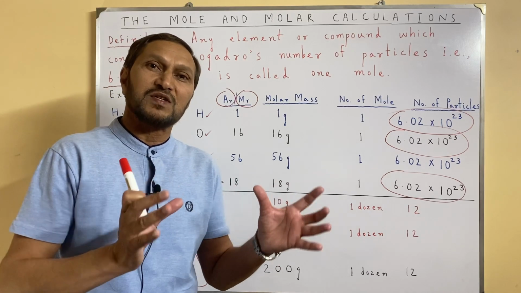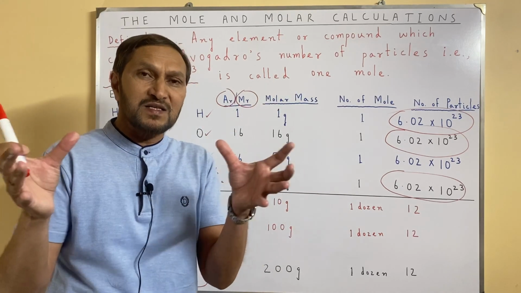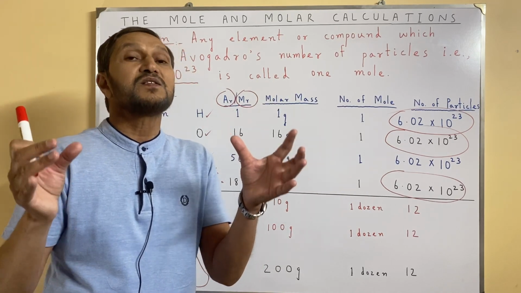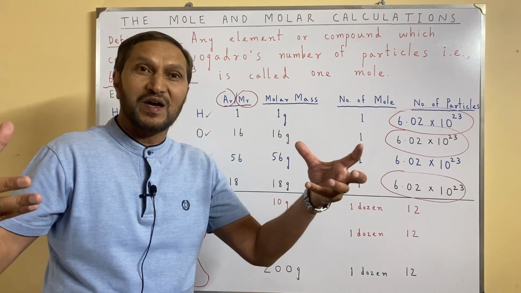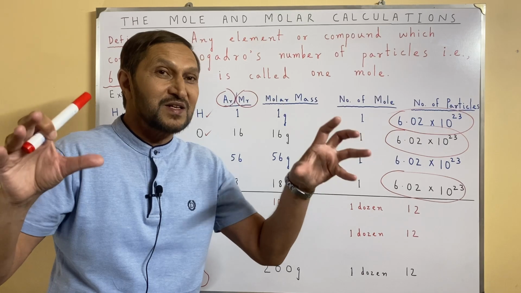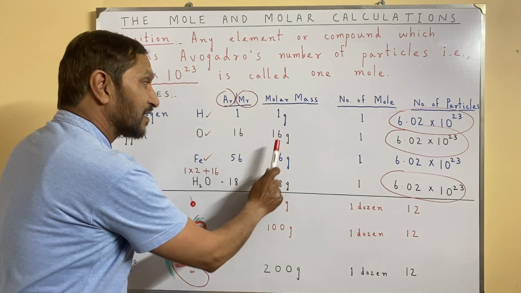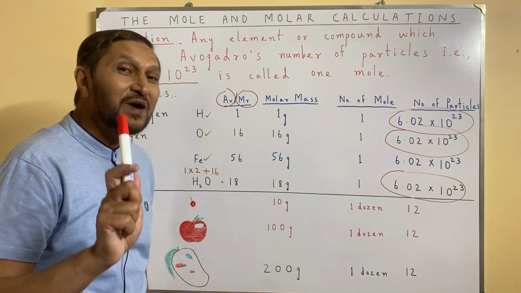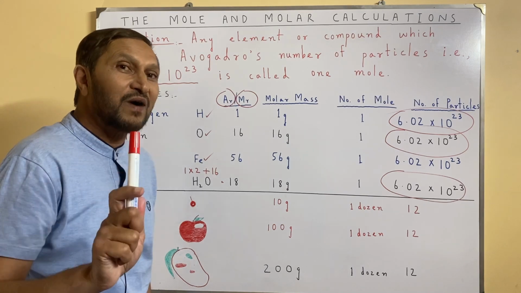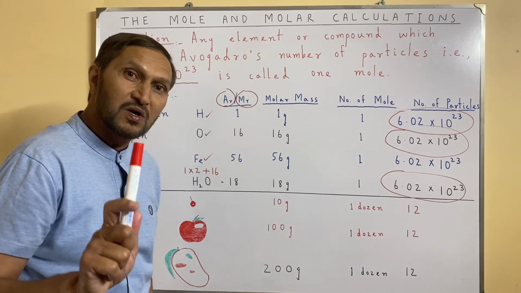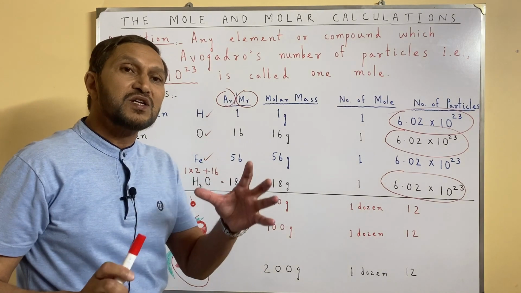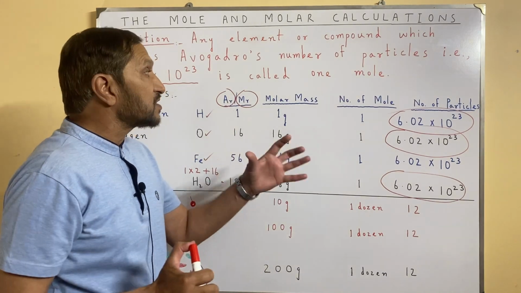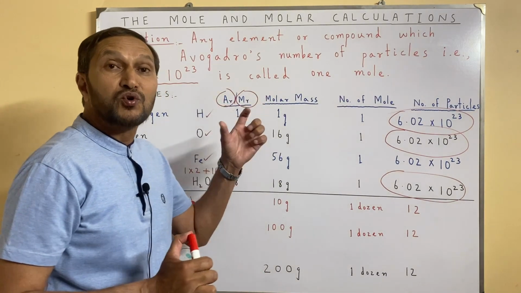Why is there a difference in mass? The difference is because of the relative size of the atoms. But the number of atoms, ions or molecules is always the same. This is a constant value and it has been internationally proved. It is the Avogadro number, the Avogadro constant.